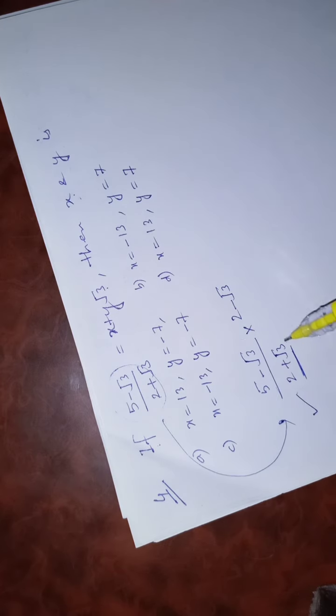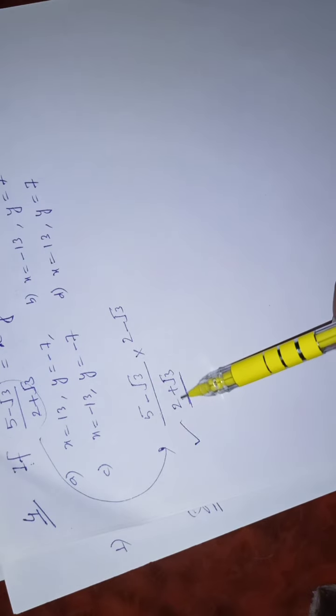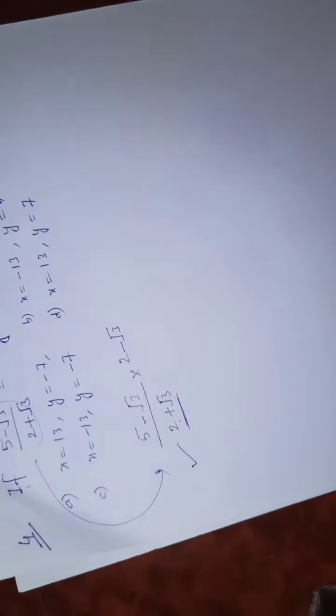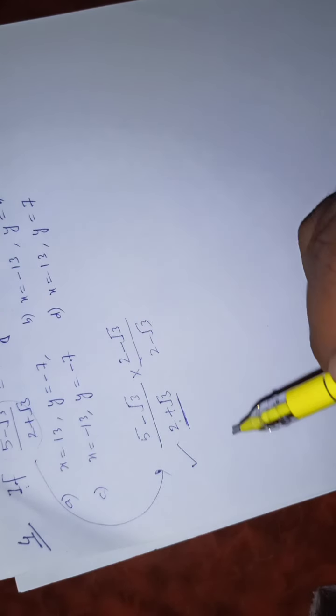In the denominator it is what? 2 plus root 3. So 2 plus root 3 I will write as 2 minus root 3 upon 2 minus root 3.